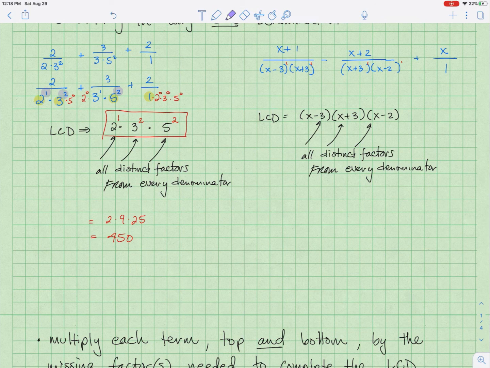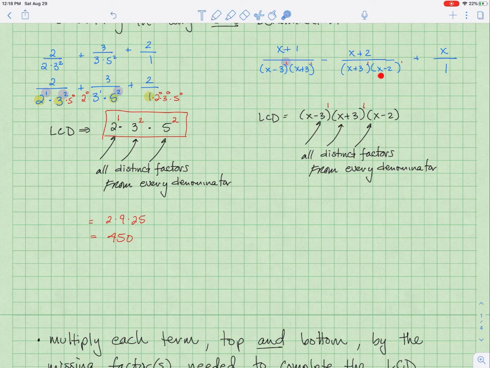Now for x minus 3, that only occurs in this denominator, and the highest power is 1. So that's the power that we're going to be using on x minus 3. For x plus 3, it actually appears in both denominators, but it's a tie. They both occur to the power of 1, so neither one of those is larger, so we'll just take our pick, and we'll still use the power of 1.